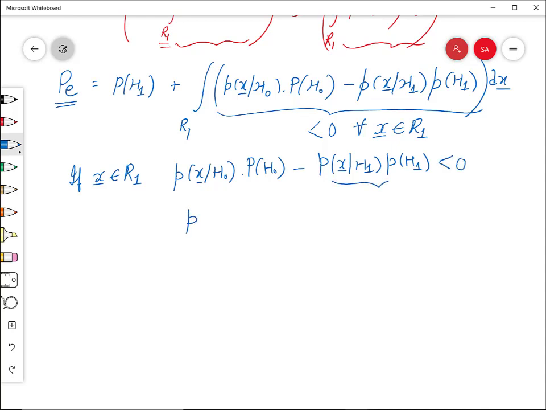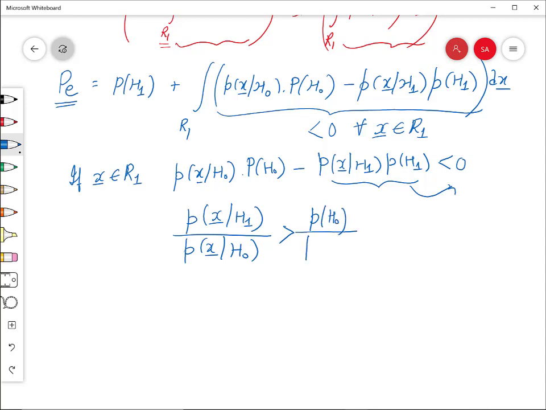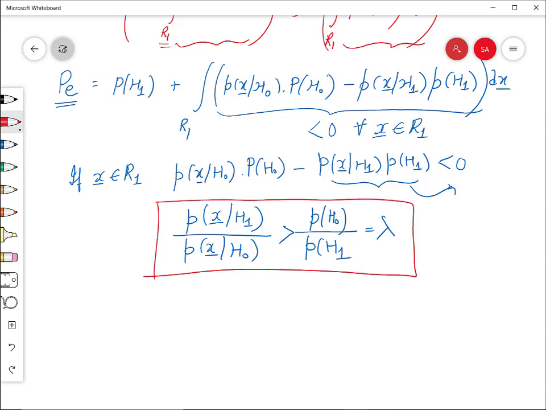I take this to the other side and do a bit more simplification. You can see that probability of x given h1 divided by probability of x given h0 should be greater than probability of h0 divided by probability of h1. This, let me take it to be lambda. So this is going to be my answer to the problem of minimizing this probability of error.